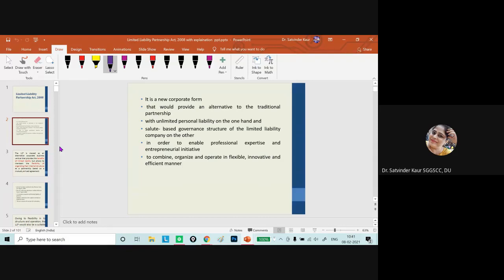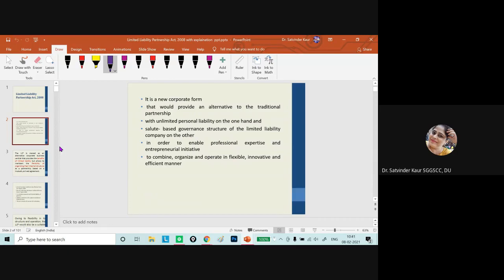So if we talk about the LLP, it is a hybrid model, or a combination, wherein all the good points of a partnership firm and all the good points of a body corporate have been merged together. As per this form, it has the flexibility of operations and of designing the rules and regulations as per the partnership act, and to run it professionally, it can pick the good points from the body corporate.